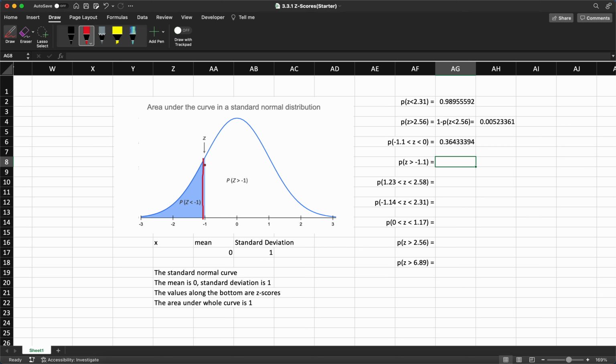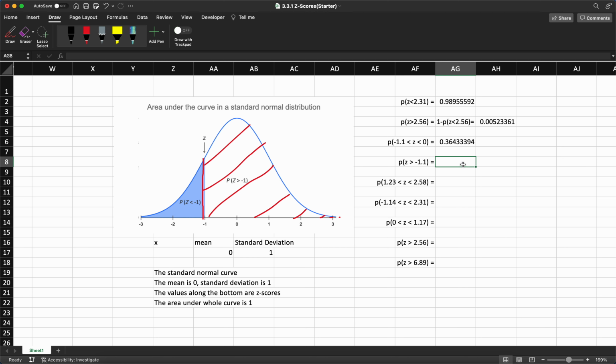So we're looking for this area, all of the area greater than negative 1.1. So that's going to be all the area here to infinity. Keeps going. So if we find this shaded region like we just did, this time instead of doing 0.5 minus that, we're going to do 1 minus that.